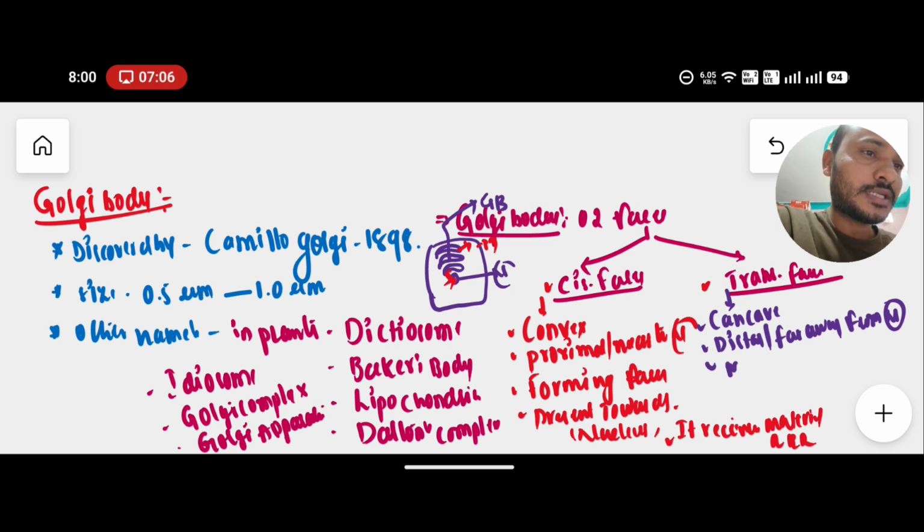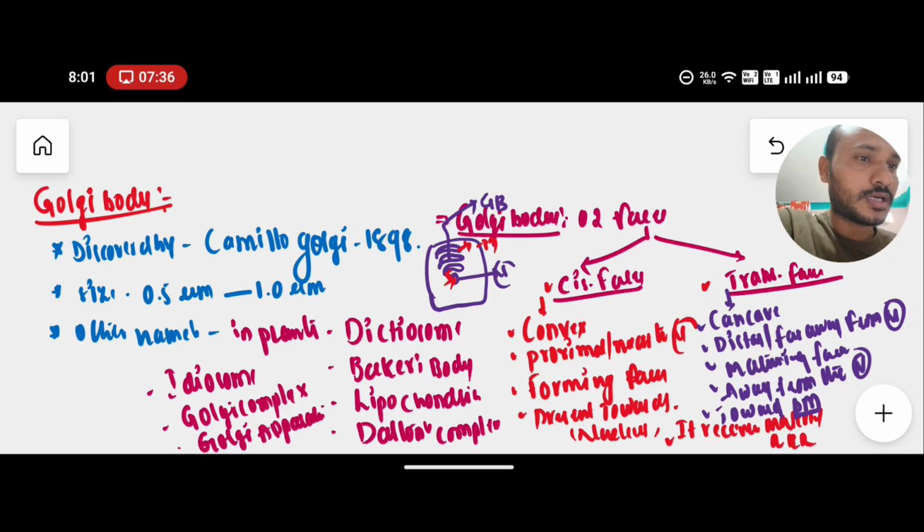Here they are the maturing face, the mature cisternae of Golgi bodies, present away from the nucleus, towards the plasma membrane. Such a structure is called the trans face.